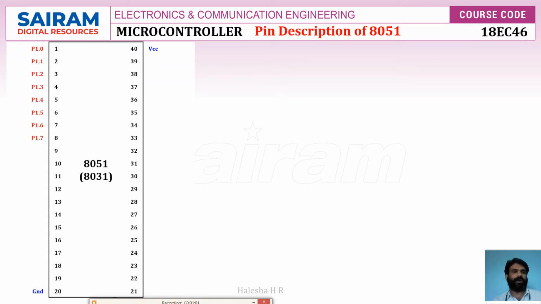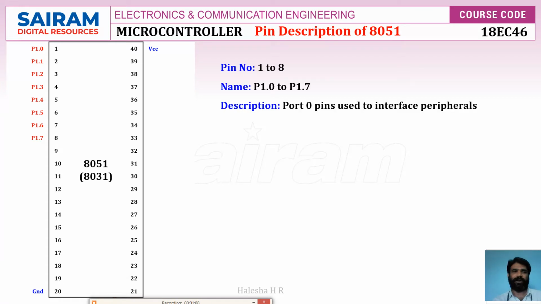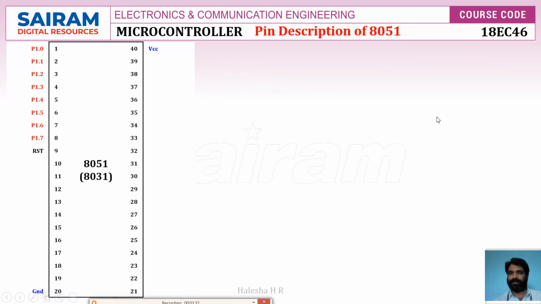Pin numbers 1 to 8 are port 1 pins, that is port 1.0, 1.1, 1.2, 1.3, 1.4, 1.5, 1.6, 1.7. Port 1 pins are used to interface peripherals.